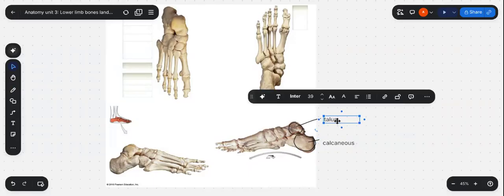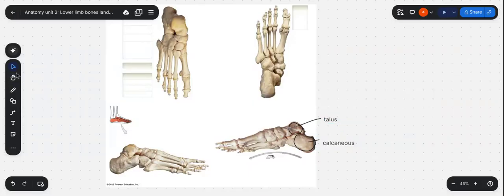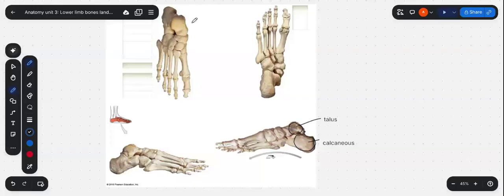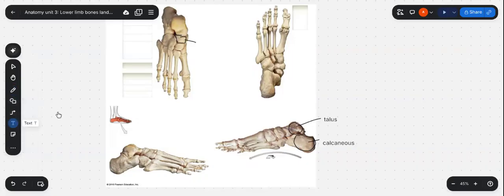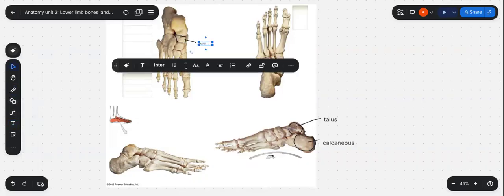Now you have your cuboid. The cuboid is going to be this cube looking bone right here next to everything. So that is your cuboid.